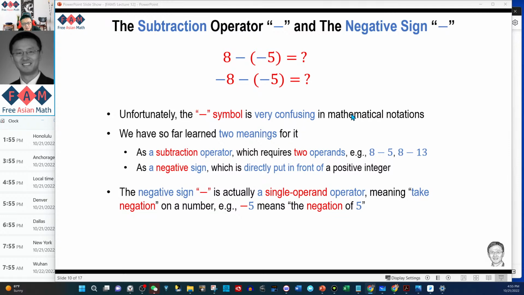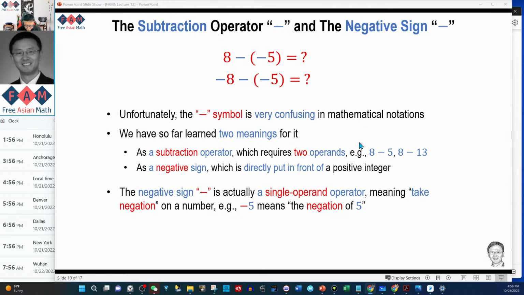And this operator only takes one operand. So it's a single operand operator. That's very different from subtraction. It only works with one guy. And this operation we call negation.